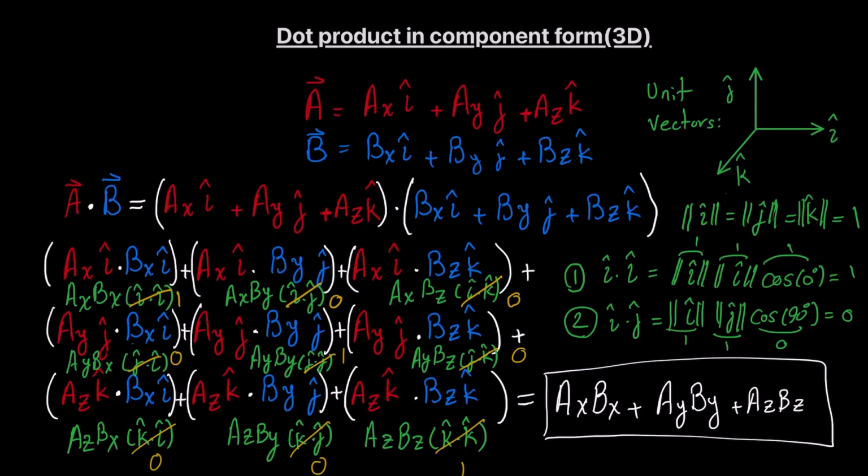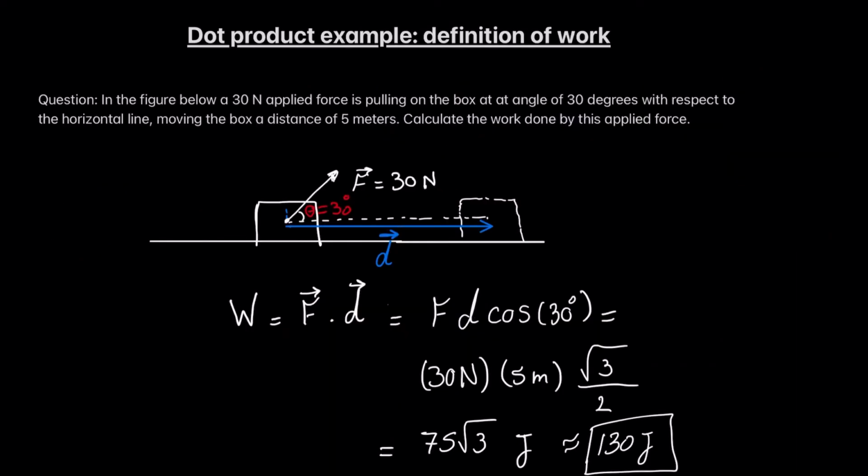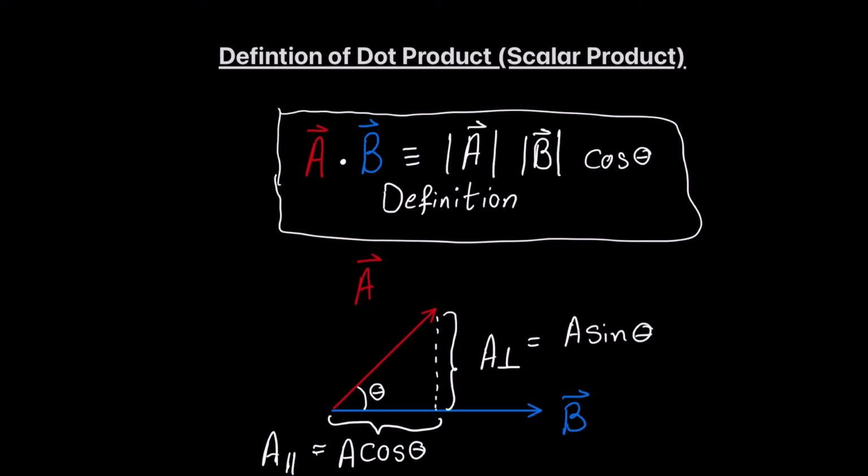Next, we're going to do something a little bit more complicated maybe, but something that's essential and that we have to go over, which is taking a dot product when the vectors are in component form. What we talked about with the definition of the dot product was when we're given the vectors' magnitudes and the angle between the vectors.